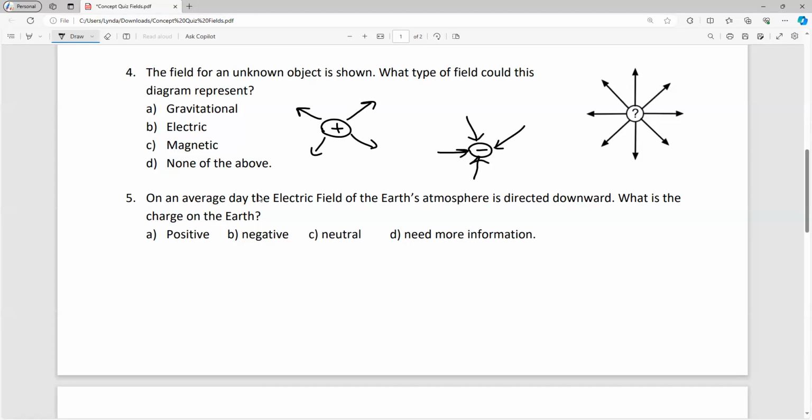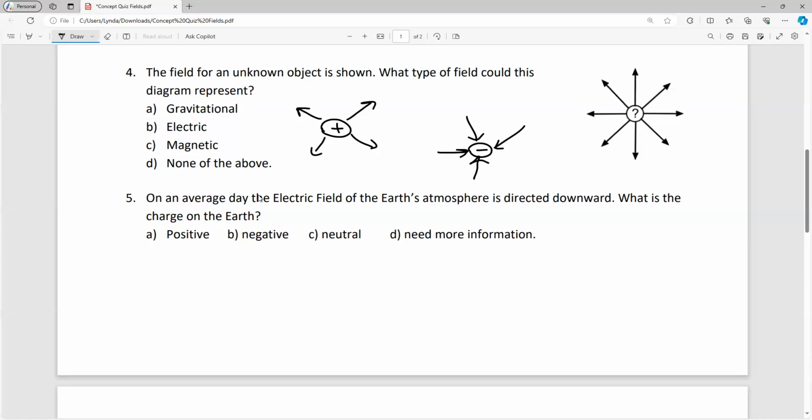So here it looks like positive charge, electric. Because for gravitational, always attractive, always towards it. Magnetic, it's not always like that. North and south you have. So you can have out of north towards south, but here it looks like electric charge.